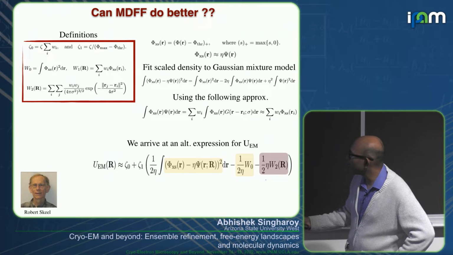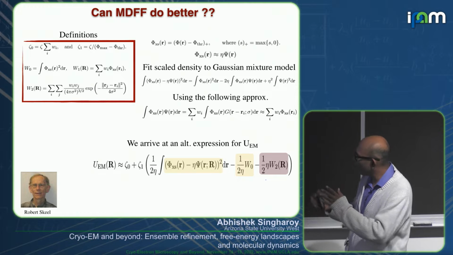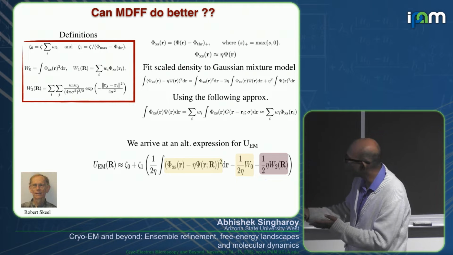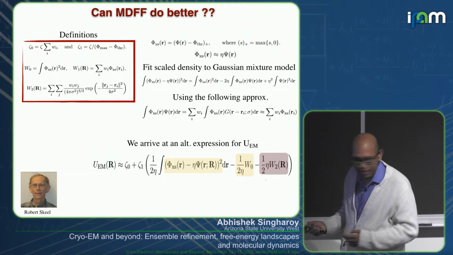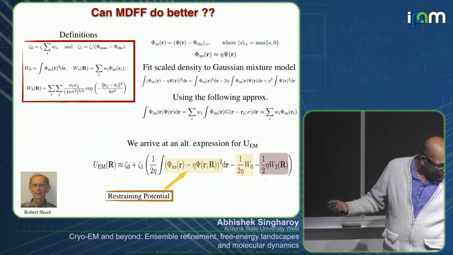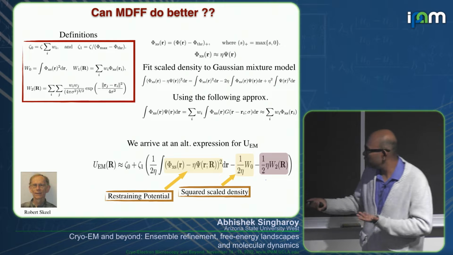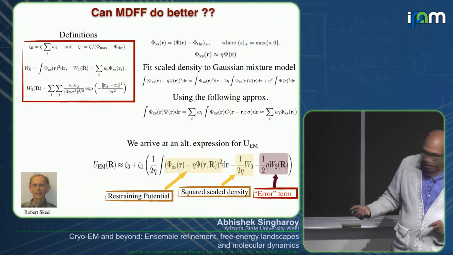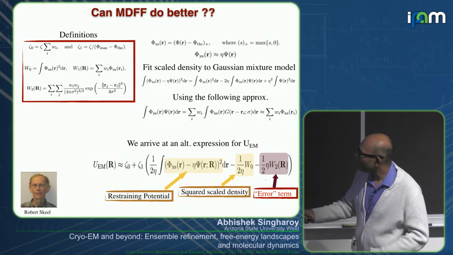The first term is nothing but a restraining potential. It tells us how close our computationally reconstructed density is to the experimental density, and a square of that. The second term is actually like a scaled density. The third term is weird. The third term here is what we call an error term.